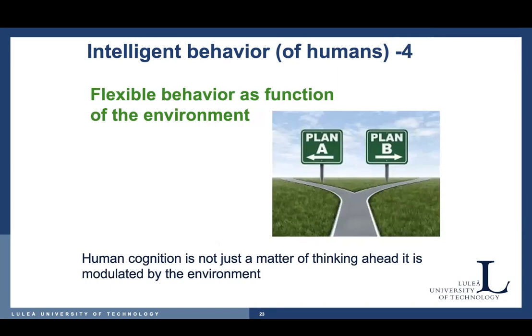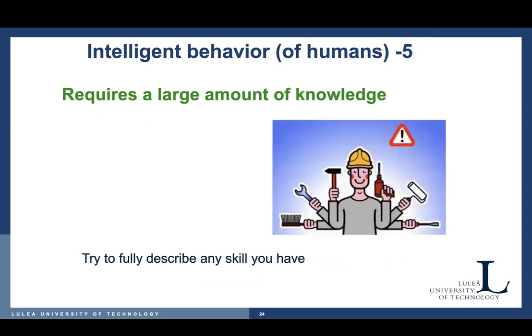Again, flexible behavior is a function of the environment. Intuitively, this is very understandable. We are not planning ahead all the way and following this plan from the beginning to the end. Our mental process is always modulated by changes in the environment, so we adapt our plans. This should be part of the AI functionality.